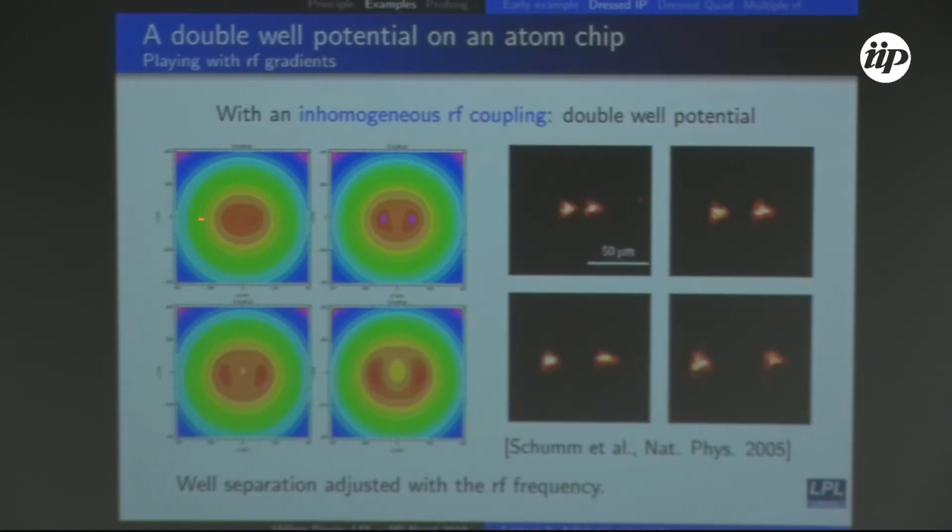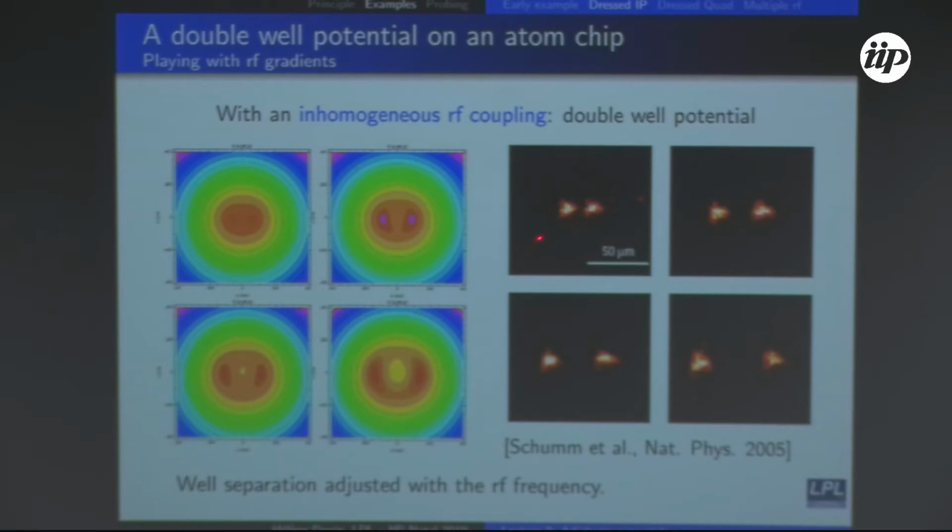So now with the same Yoffie-Pritchard trap plus a transverse RF field, if you are in a situation where the gradient of RF coupling is very large, which is typically the case on a chip where you have wires, and so the atoms are very close to the wires, there are big gradients everywhere, then you can manage to be in the situation where gravity is not the relevant scale, but more the variation of omega plus, and perform the double well experiment that I explained 2 slides before.